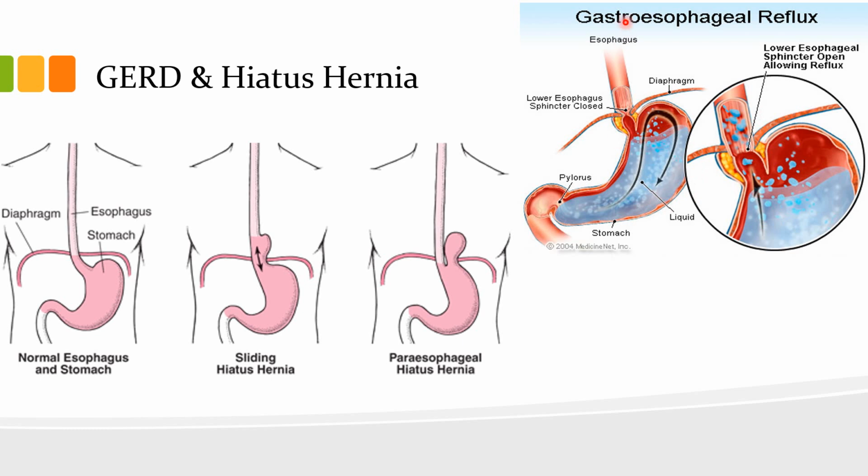This is known as gastro-esophageal reflux disease. Also, weakening of this area around the gastro-esophageal hiatus may cause the stomach to slide or even roll up from the abdominal cavity into the thoracic cavity, and this is a hernia known as hiatus hernia.